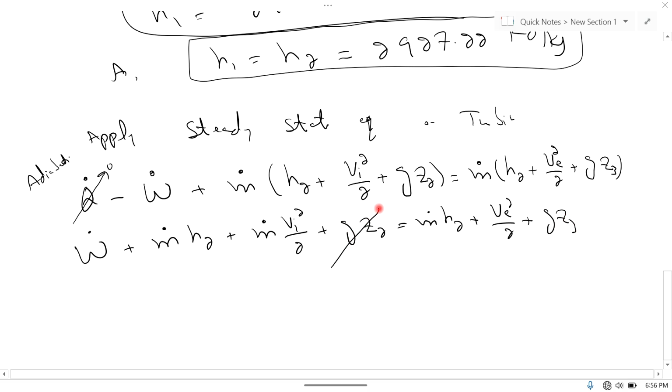Here the change in potential energy is neglected, so these will be cancelled. Similarly, we assume inlet velocity and exit velocity are uniform, so this will be neglected.